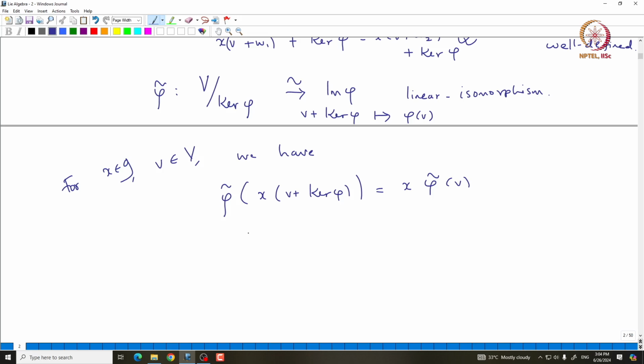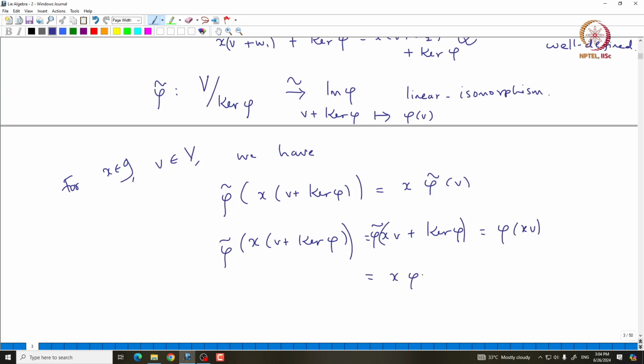So, what is x of v plus kernel phi? It is nothing but xv plus kernel phi. So, phi tilde of this is going to be the same as phi tilde of this, which is nothing but phi of xv. But phi of xv is going to be x acting on phi of v, because phi is indeed a G module homomorphism.